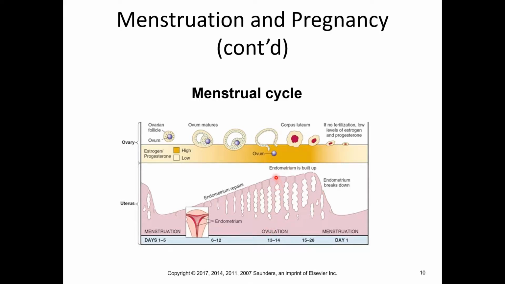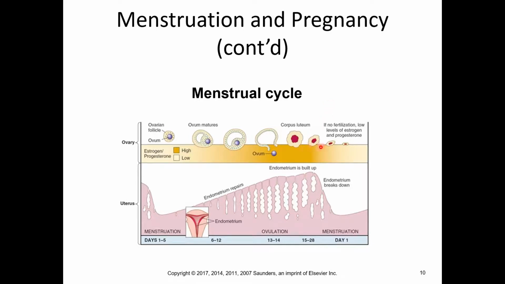And for the next couple of days, the endometrium stays fully built up, expecting that this little ovum is going to get fertilized. The thing that's keeping the endometrium built up here is the corpus luteum. The corpus luteum will stay behind and continue to produce estrogen and progesterone in preparation for pregnancy.